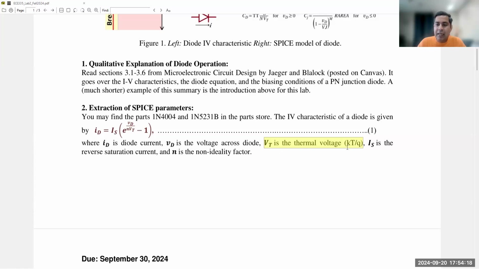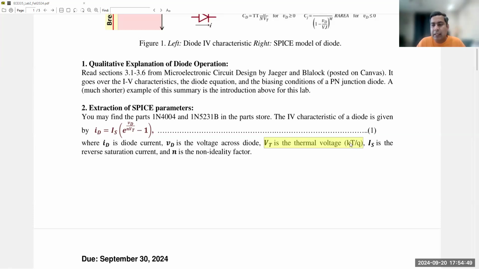That thermal energy translates into a potential, and that is called the thermal voltage. It is expressed as kT over q, where k is the Boltzmann constant, T is the temperature of the device in Kelvin, and q is the charge of the electron.